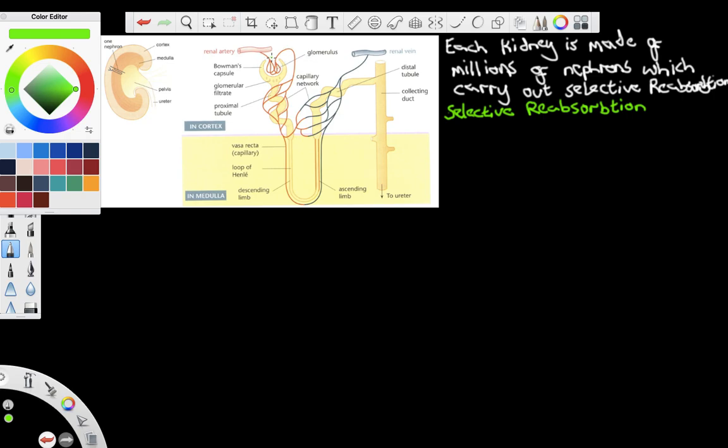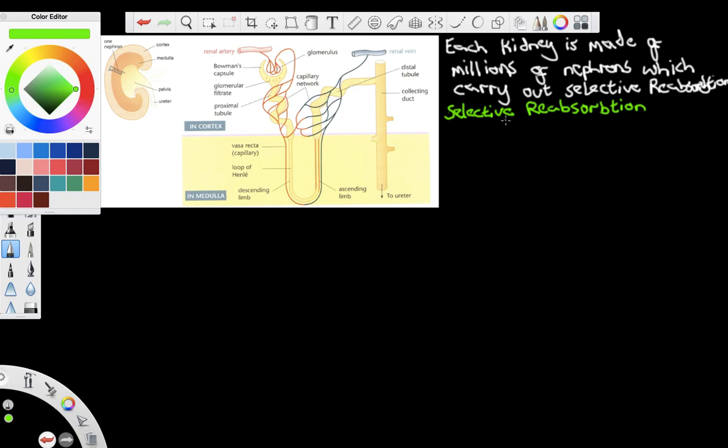The glomerulus is where blood has substances removed from it. As that substance is removed from the blood, it forms what's known as the filtrate. The filtrate then has all of the useful substances removed from it through the proximal convoluted tubule, through the loop of Henle, and through the distal convoluted tubule.